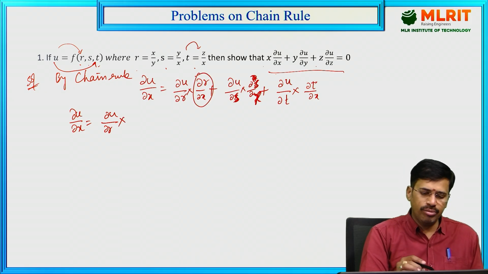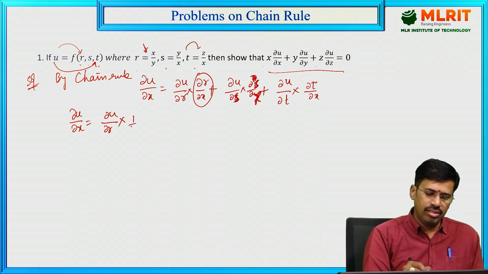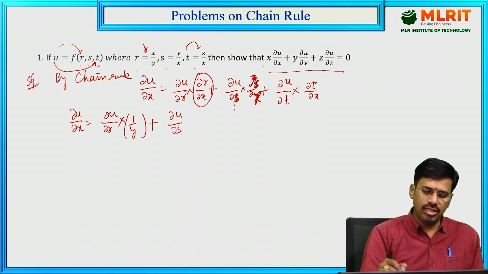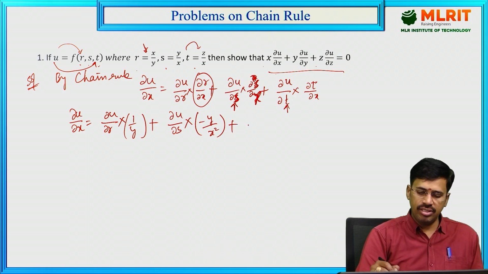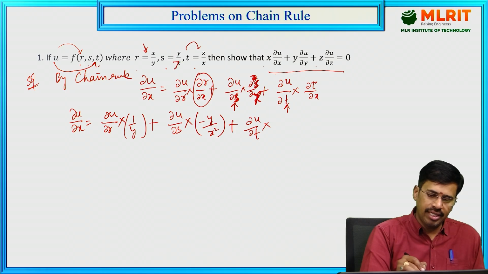Dou r by dou x means you differentiate r with respect to x, so that is 1 by y, plus dou u by dou s, this term keeping as it is, dou s by dou x is minus y by x square, plus dou u by dou t, this first term let us write as it is. What is dou t by dou x? So it is 1 by z.